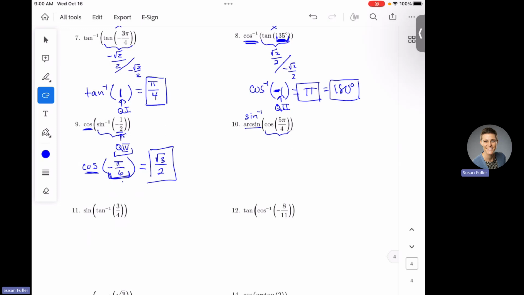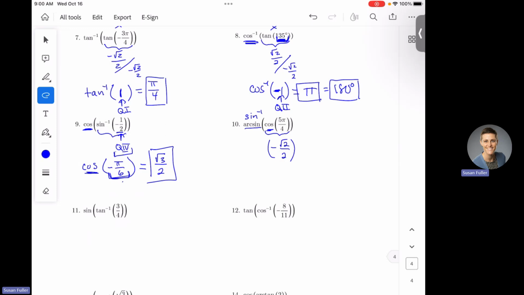So 5 pi over 4 is an angle. So I'm going to be looking in the center of my unit circle for the angle 5 pi over 4. And you'll find that down here in quadrant 3. And we're looking for the cosine value, which is the x-coordinate of your ordered pair. And you'll find that the x-coordinate of the ordered pair there is negative root 2 over 2.